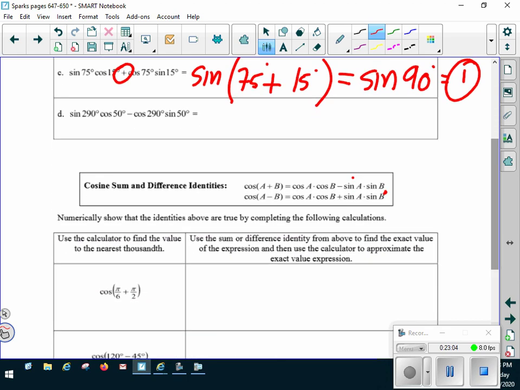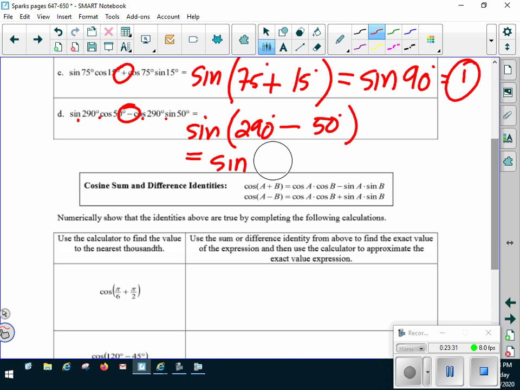Same idea on the next one. Again, we're going backwards. Trig functions are different, so I know it's a sine. The angles are 290 degrees and 50 degrees. It's a minus because the plus or minus stays the same. So this is the sine of 240 degrees.